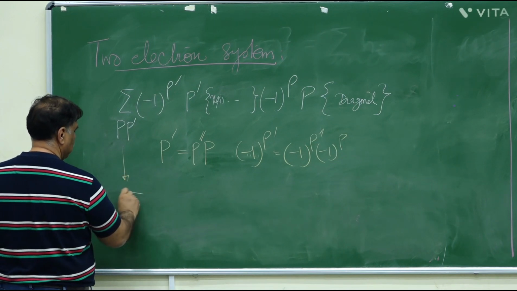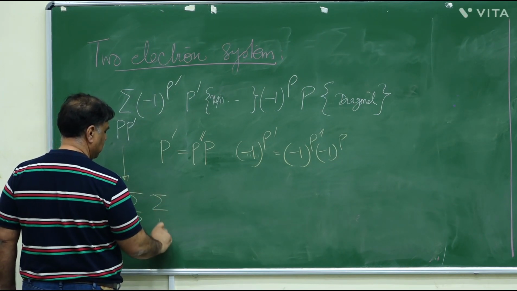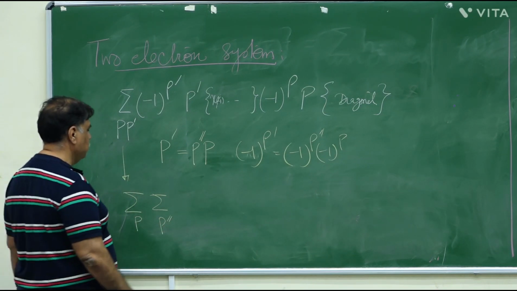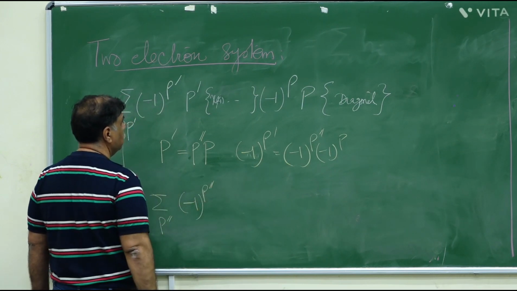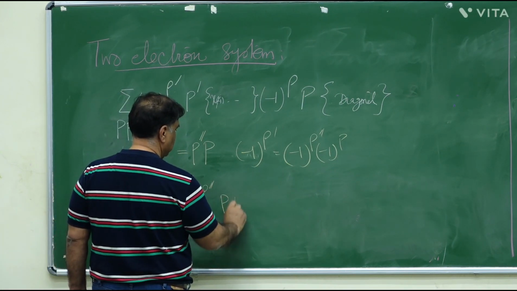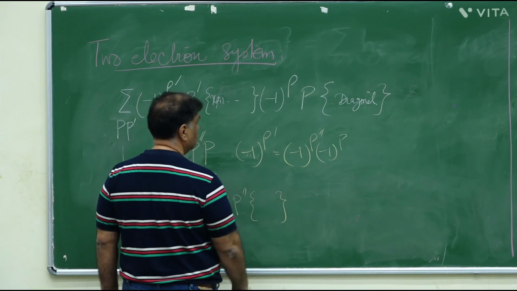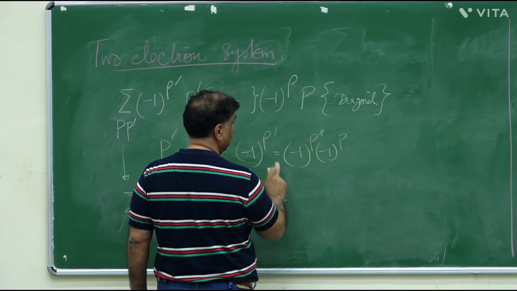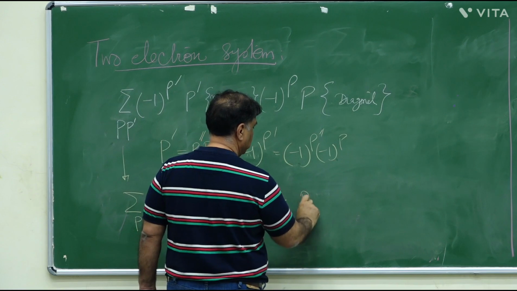And you get summation over p, summation over p double prime, minus 1 raised to p double prime, p double prime, this thing, and then there's going to be minus 1 raised to p, minus 1 raised to p, so that's 1. Another combination.